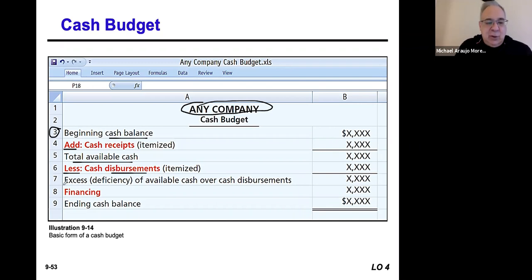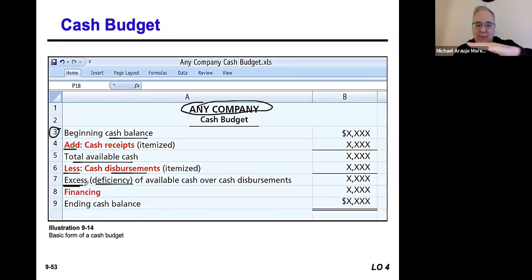Does that leave you with anything left? Usually there is an excess of cash. Sometimes there is not. Sometimes there's a deficiency, a deficit. Even if it was an excess amount, businesses are pretty peculiar about having enough cash in their bank account.